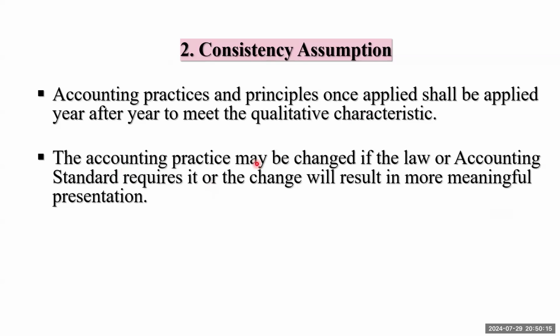This assumption says that the rule, the principle may be changed if the law or accounting standard requires it, or the change will result in more meaningful presentation. So there are three situations in which we can change the method of accounting in regard to a particular item.